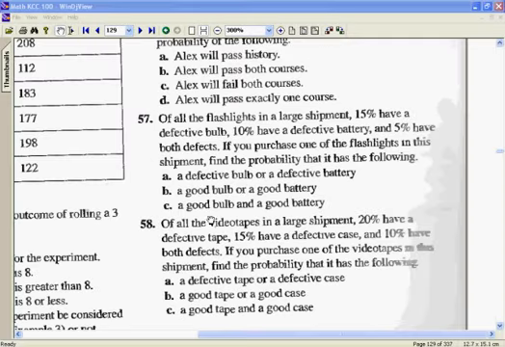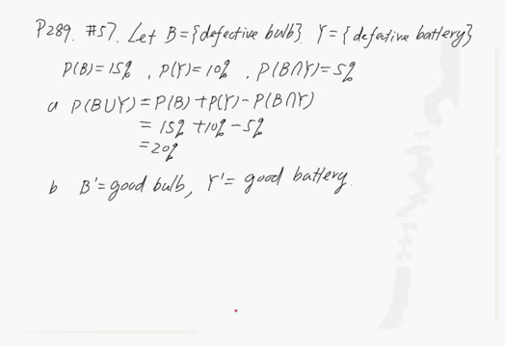Then it says a good bulb or a good battery. So that should be the union of these two complements: B prime union Y prime. Now, next step, tell me what rule or law should I use?